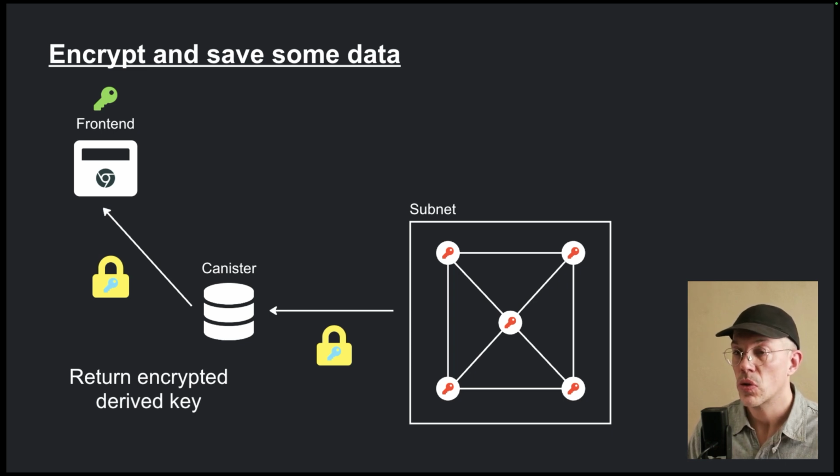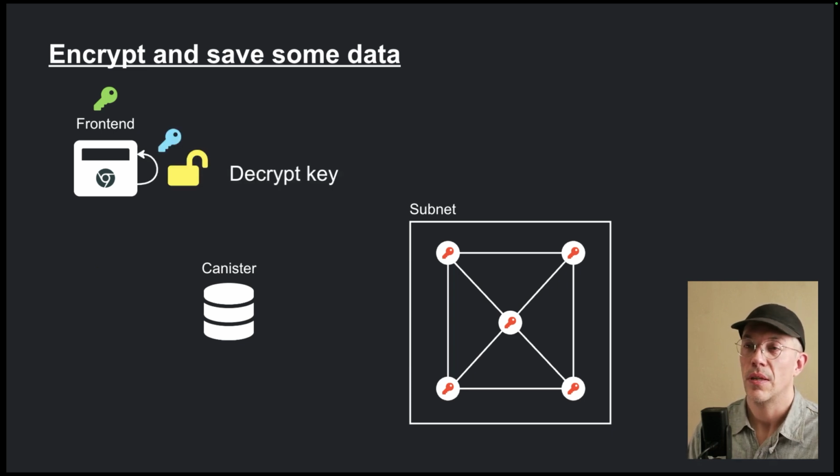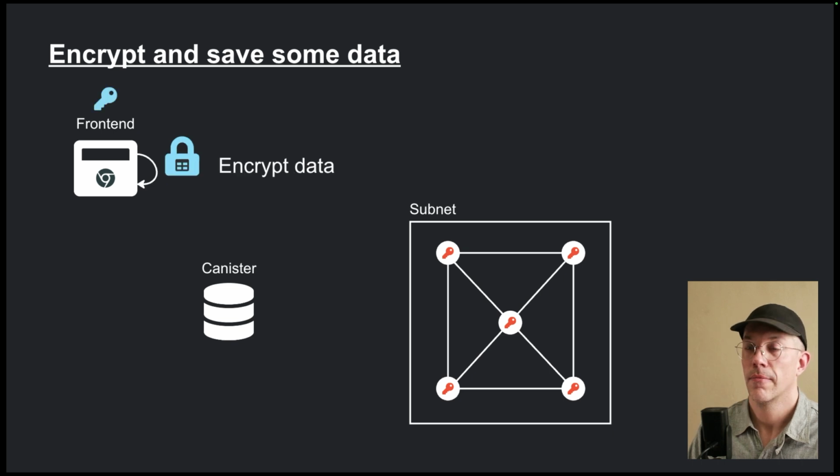So the nodes return the encrypted derived key all the way to the front end. The front end uses the private key part of the transport key to decrypt the key received by the canister from the subnet. And finally, when we have the unencrypted key, we can proceed to encrypt the data that we wanted to encrypt initially.